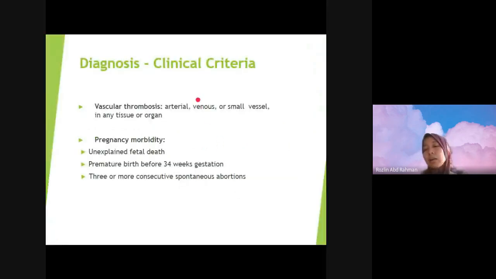So what are the clinical features? They are very prone to clot formation, in the arteries and in the small vessels. If a woman is pregnant and every time she is pregnant she has recurrent miscarriage, more than 3 times, we need to investigate why she always miscarries. Maybe she has this APA.